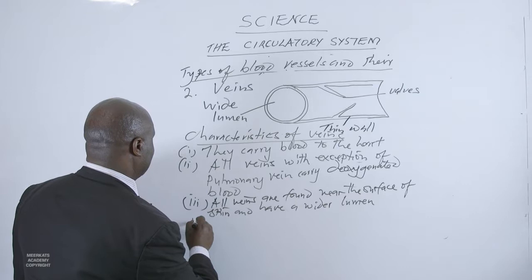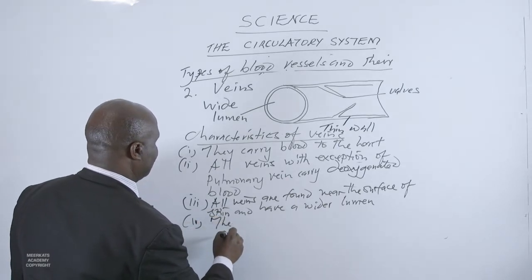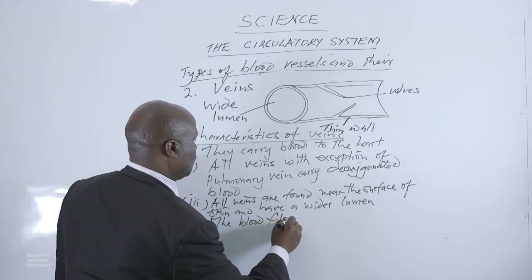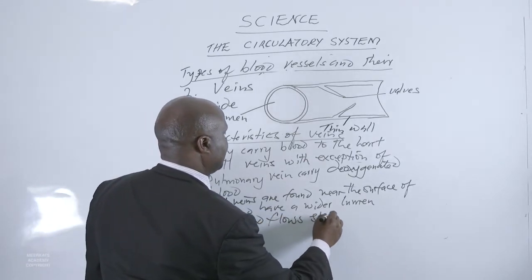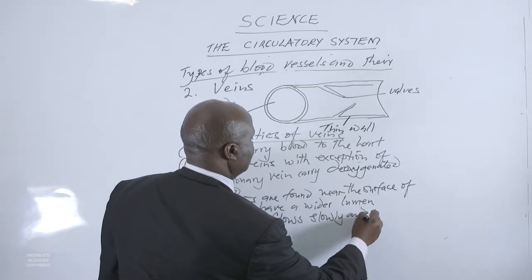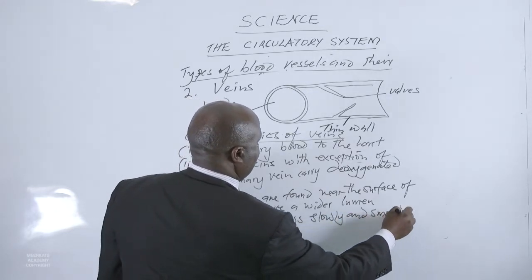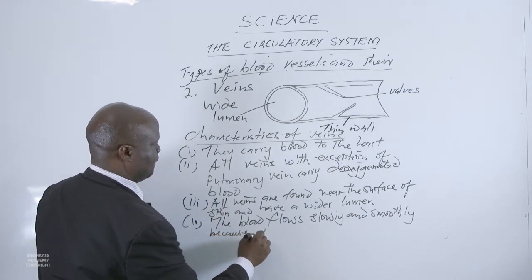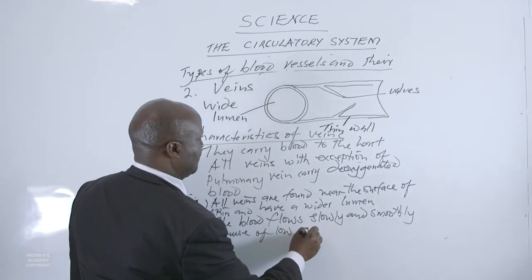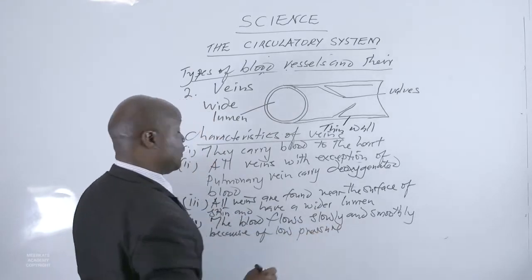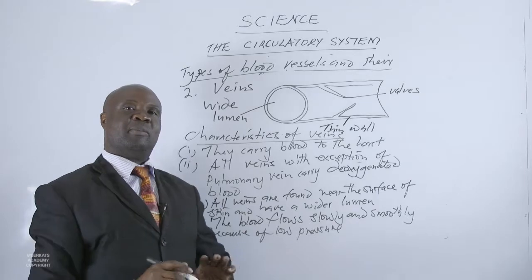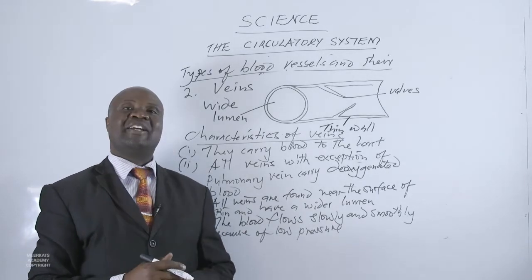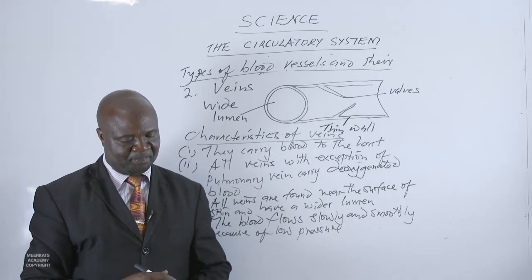So we can say another characteristic is that the blood flows slowly and smoothly because of low pressure. That's another characteristic: the blood will flow very smoothly and very slowly, and the veins have low pressure.